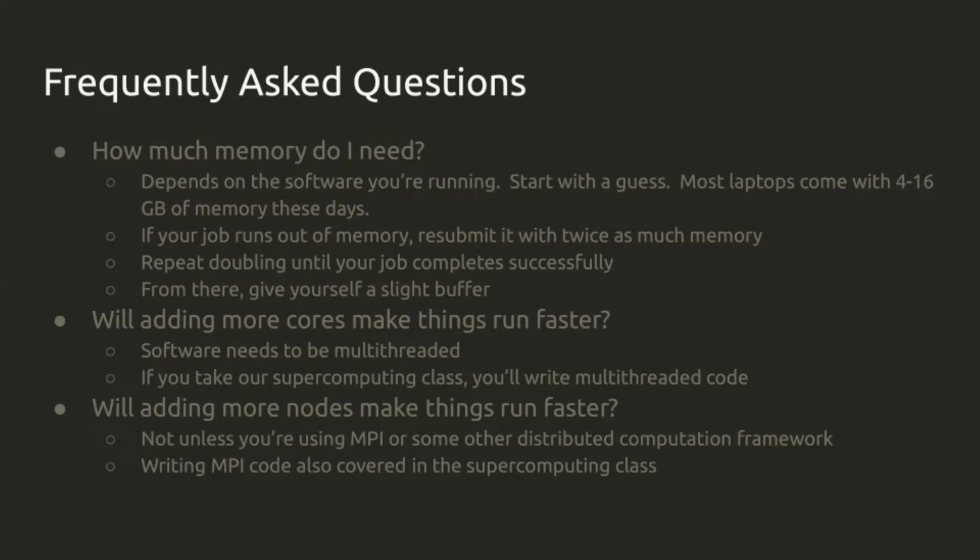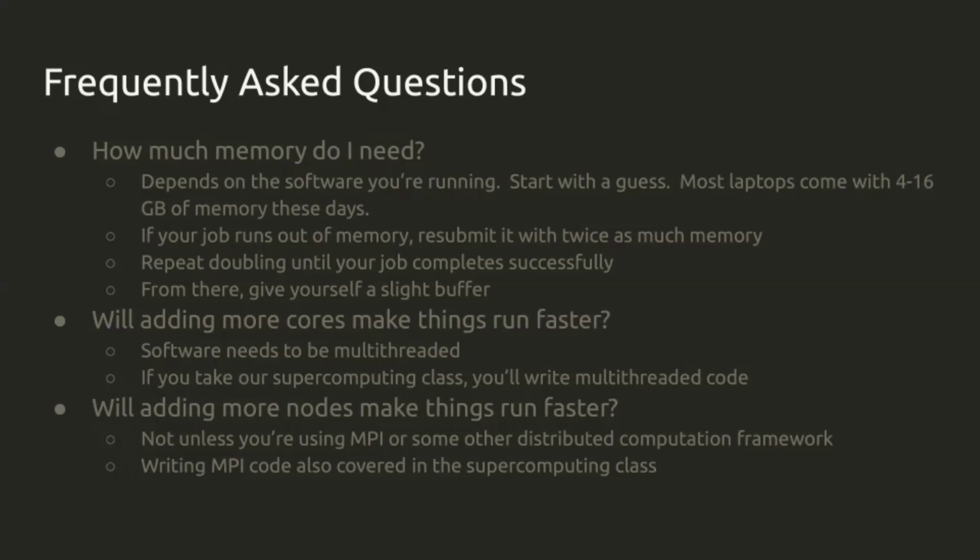Another question that a lot of people ask is, will adding more nodes make things run faster? So if you remember, a node is basically a computer, and a computer can have several CPU cores. So not only can you add more CPU cores to your jobs, but you can actually add more than one node to your jobs. And the answer there is similar. In theory, yes, your job can run much more quickly if you're using multiple nodes.